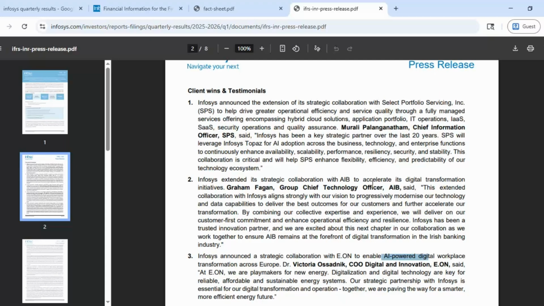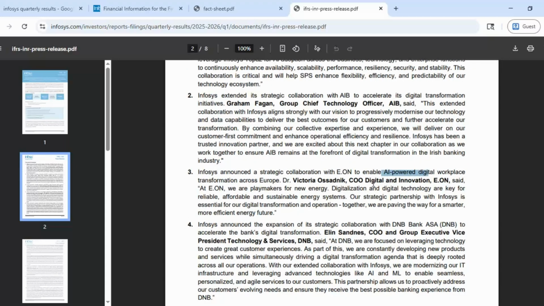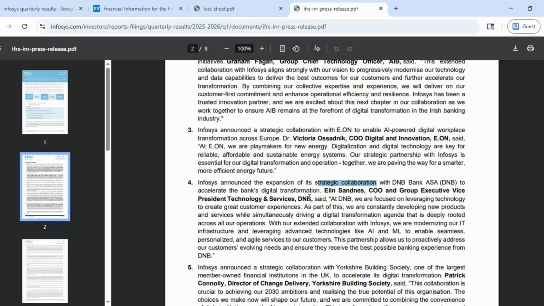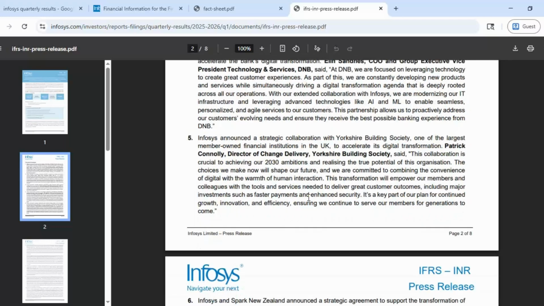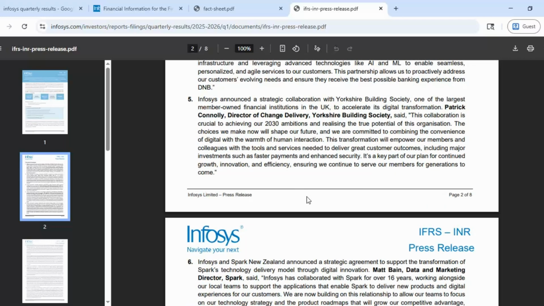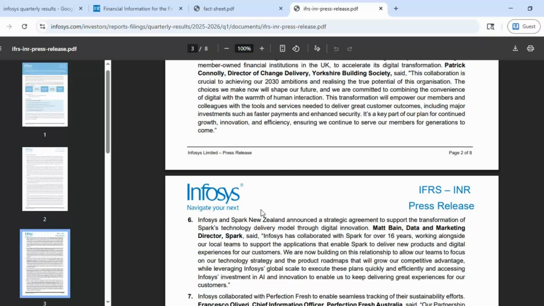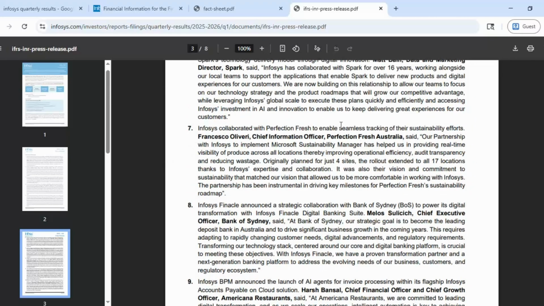This indicates that companies are investing heavily in AI, cloud, digital. So if you have AI skills, then your future is proof and you will be in high demand. And maybe if you are in COBOL or legacy tech, then there may be a risk. That is what you can infer from it.